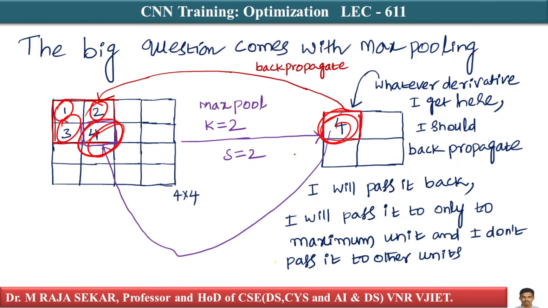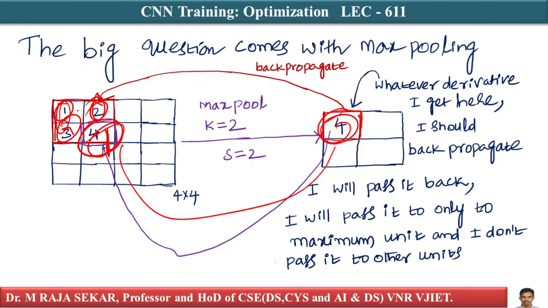Because this derivative is again 1, I will backpropagate 1 here, and all other values are 0. Which ones change slightly? The minimum values. If a minimum value changes slightly, it does not impact my max pooling, and hence the derivative equals 0. And this is the nice definition for max pooling.